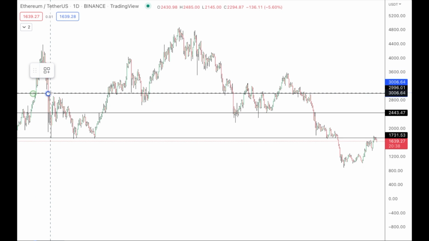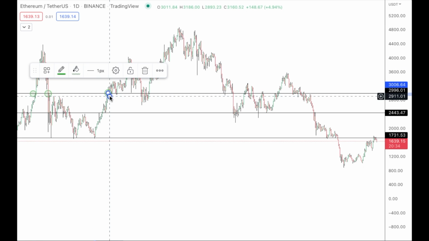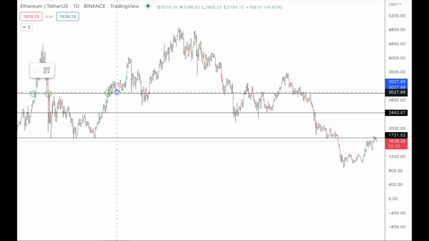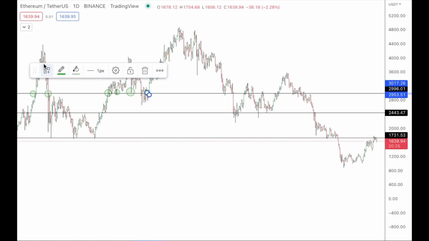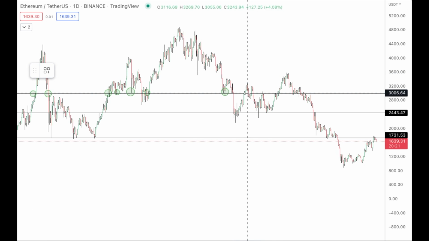And similarly, I'm going to just go through the entire thing, showing you exactly what I'm looking for to see if this area is an area of support and resistance. So it's just going to go through the entire thing, indicating where I see the most touches.